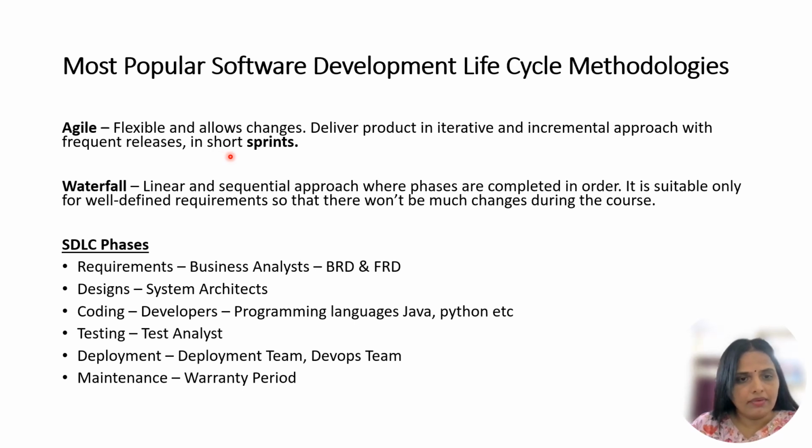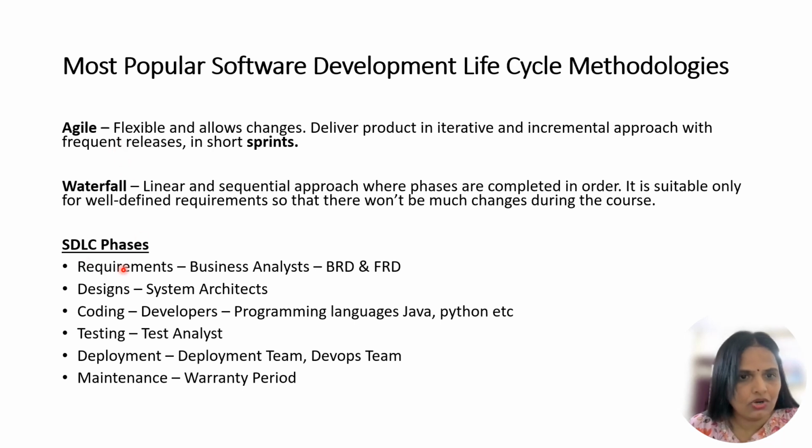Why? Because we are not delivering the entire product at the end of the period. In waterfall, we are delivering the product after completing the whole product. So after completing the whole product, when we are delivering it to the client, if the client is not liking it, then it's not possible for us to start again from scratch.